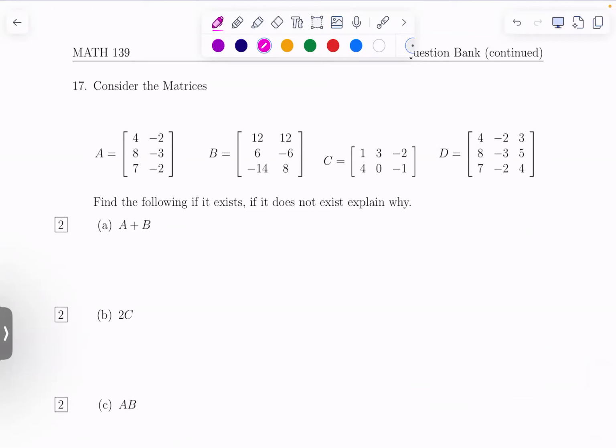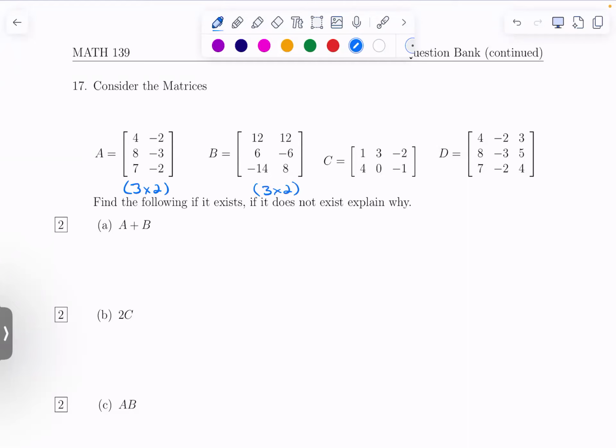If you have these 4 matrices, first thing you'll want to do is figure out the order of each matrix, right? And so usually what I'll do is jot down below here, A is a 3x2 matrix. B is also a 3x2 matrix.